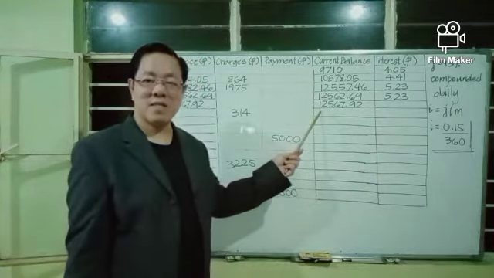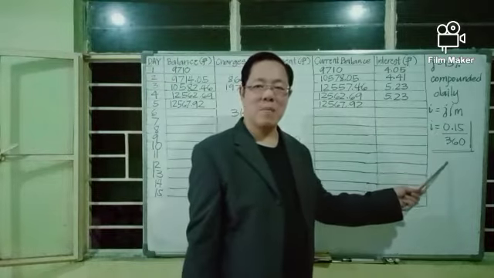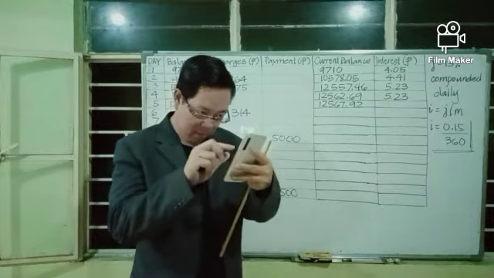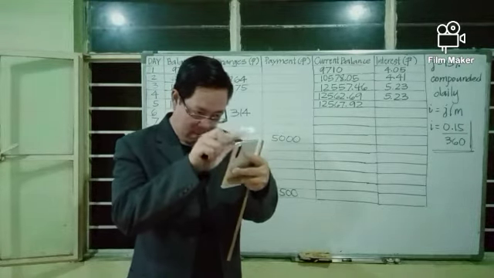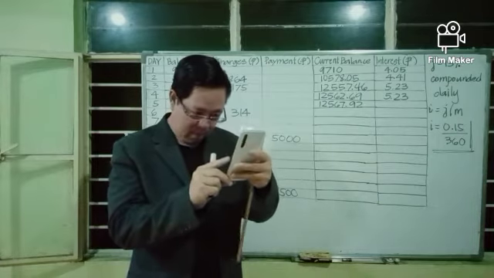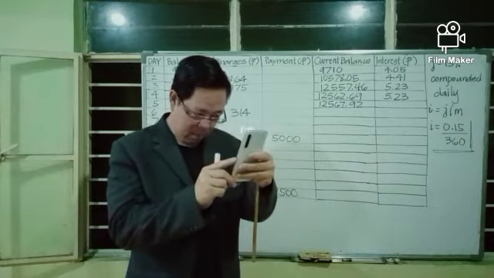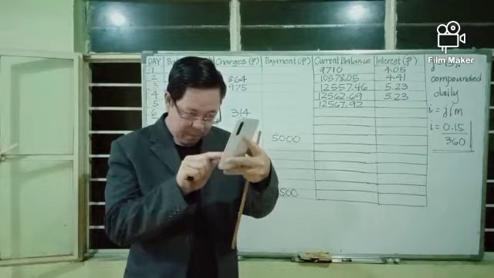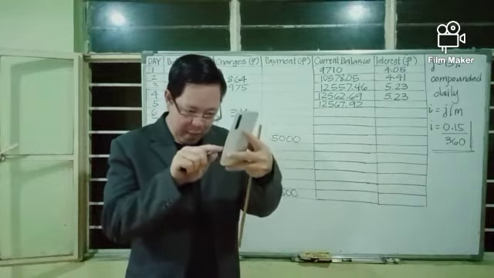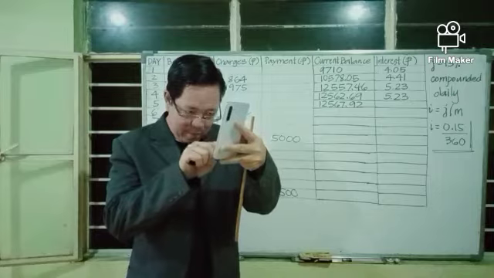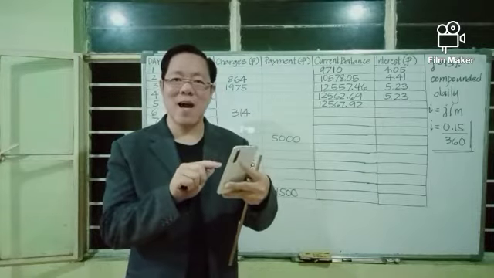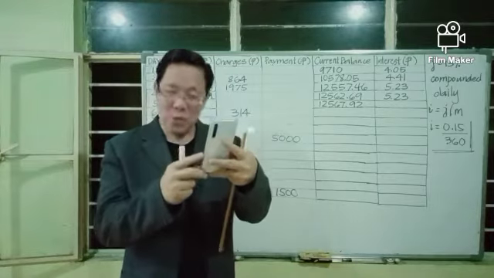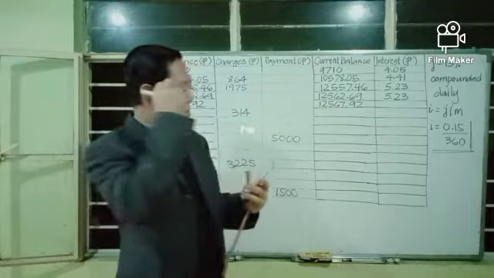Multiply 12,567.92 by 0.15 and divide by 360. Again, you should get to 2 decimal places 5.24.